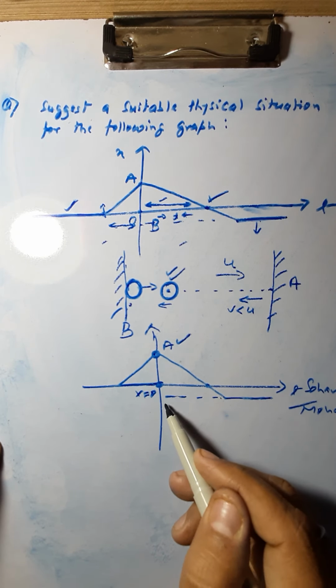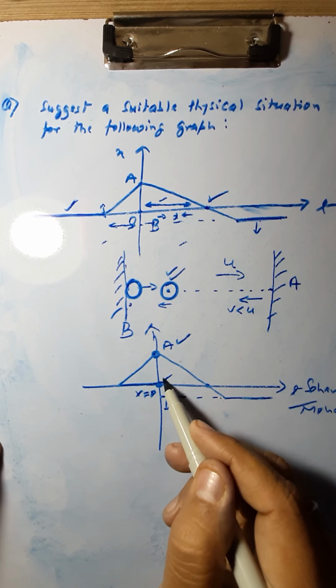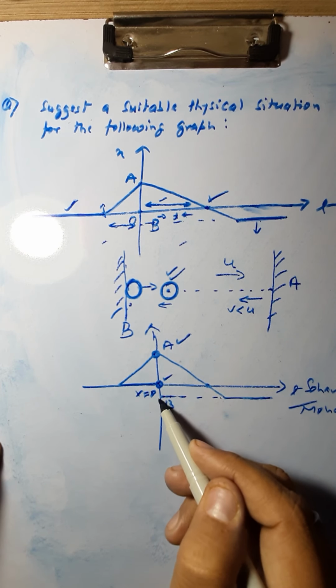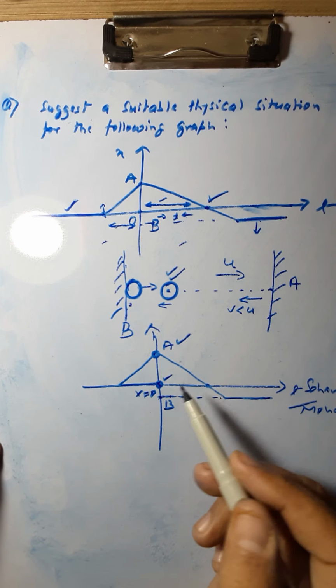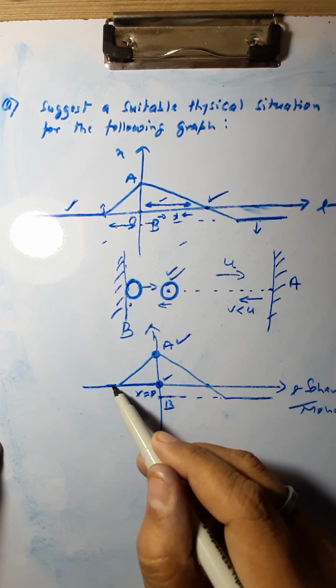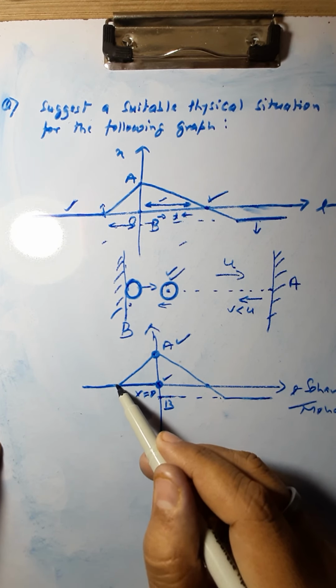Suppose here it is Mohan's house at B. So we could see that Sohan was at home till this point.